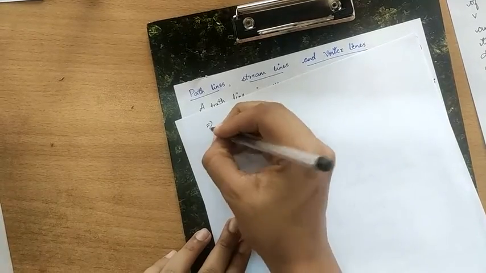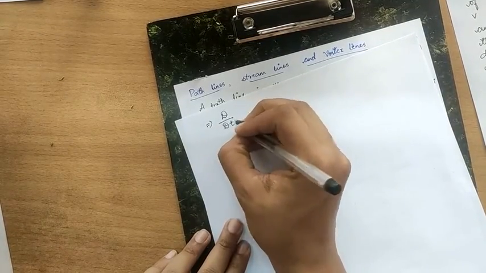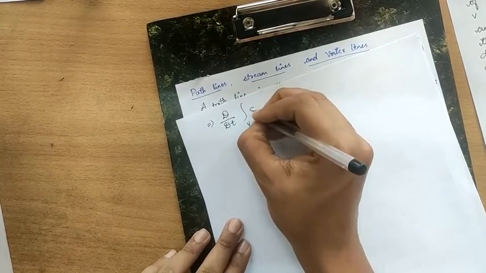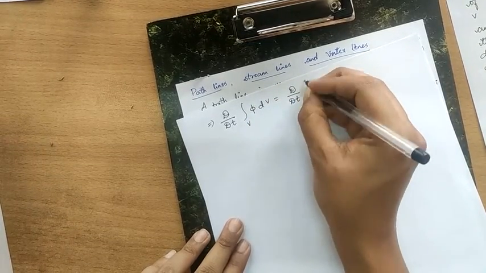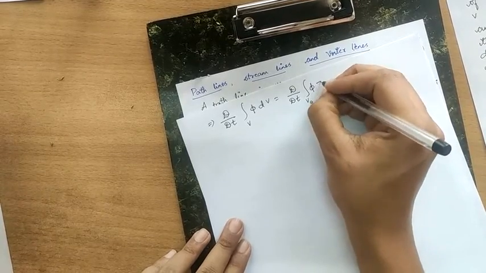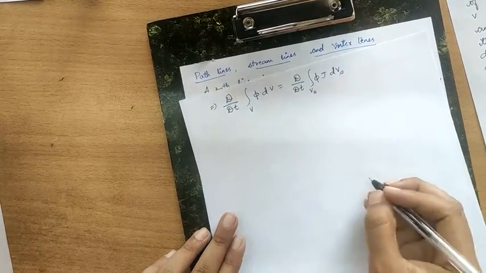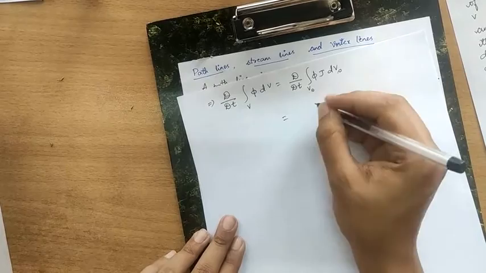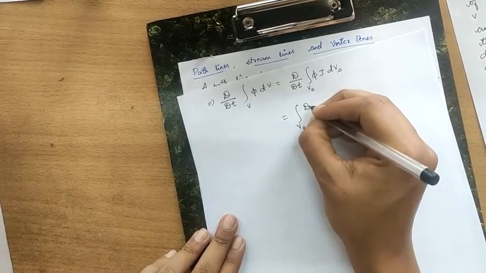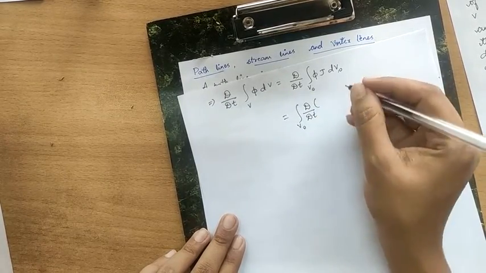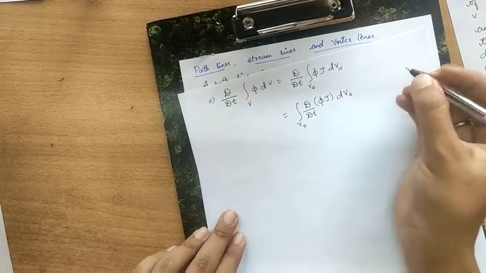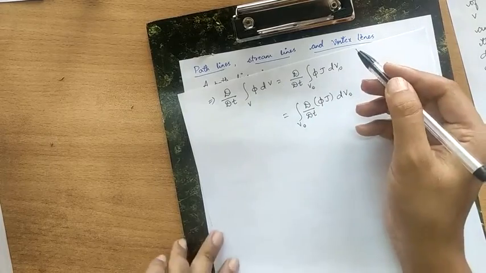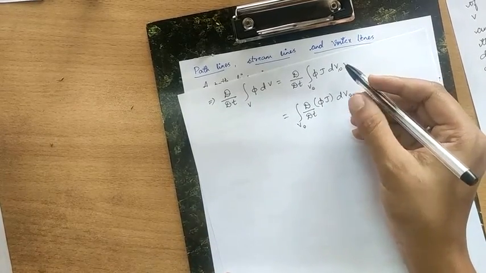So what you will get? d by dt integral over V phi dV is equal to d by dt integral over V0 phi J dV0. So I can write this as integral over V0 of d by dt of phi J dV0. I have taken the differential operator inside the integral sign.